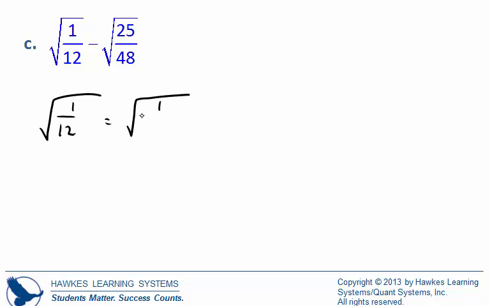We want to write these as perfect squares if possible. So let's write it as 4 times 3. I know that I can break it up. So the square root of 1 is 1. The square root of 4 is 2. The square root of 3 cannot be done.